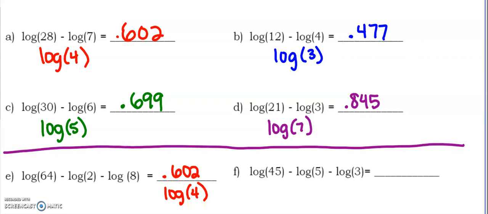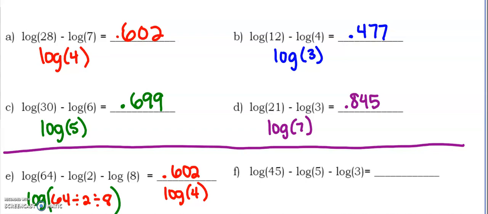Well, that's because what I'm really doing is taking 64 divided by 2 divided by 8, and that gets me 4. So what I'm really doing when I get to that 4 is taking log of 4.